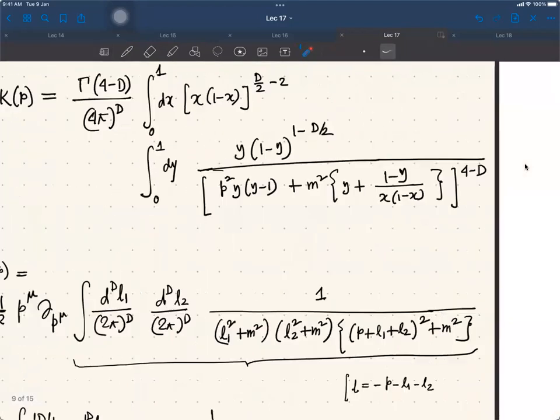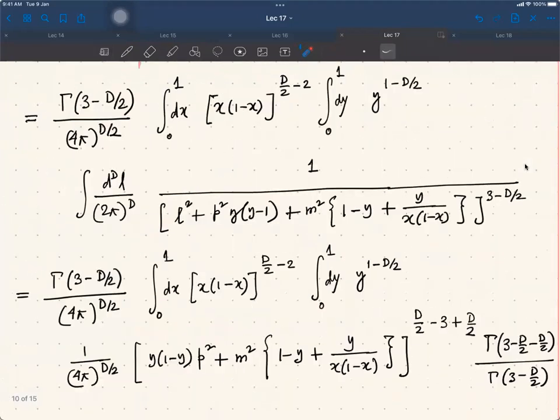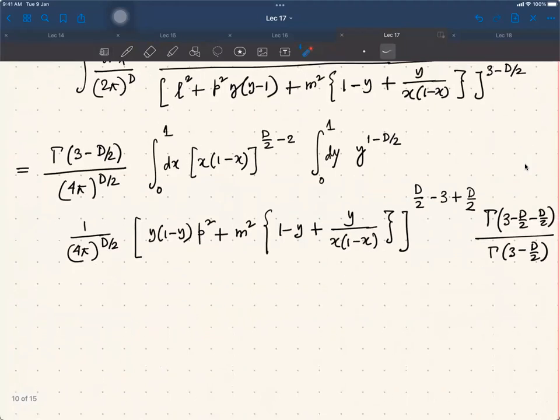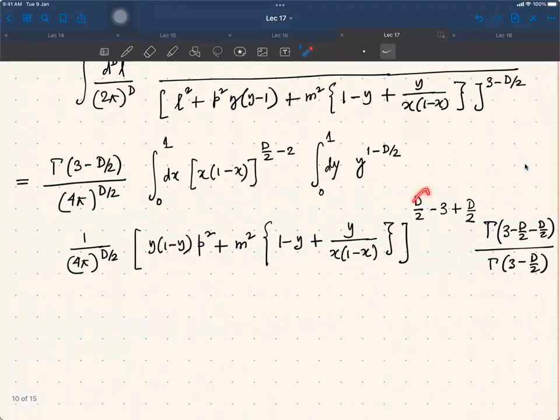So let's check that. So that's the full result. Gamma 3 minus d by 2 will cancel here, and this is gamma 3 minus d.